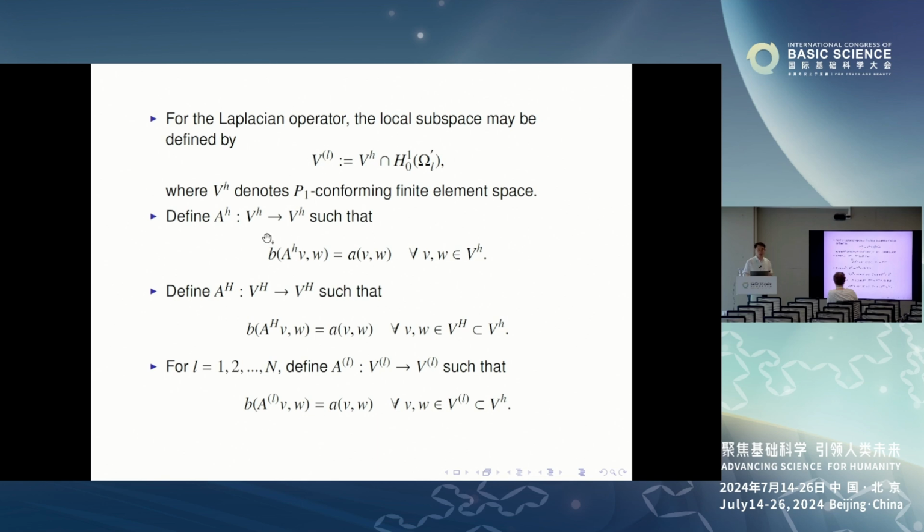So first of all, we define some operators. We define A H on the whole domain. We would like to solve A H inverse, right? We would like to solve it, but we cannot, because it is a very, very large matrix. So in this case, we define these small ones, A L, on the subdomains.